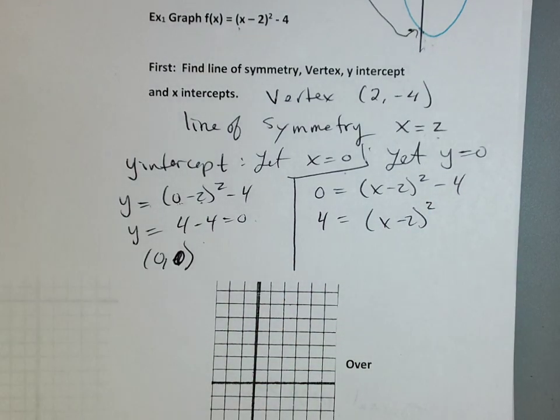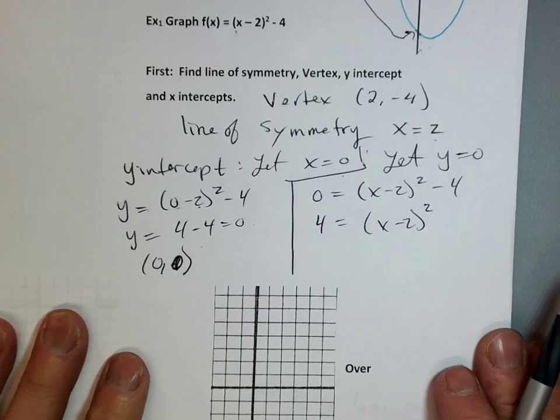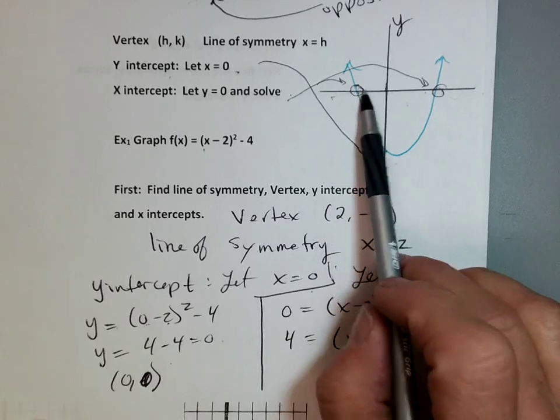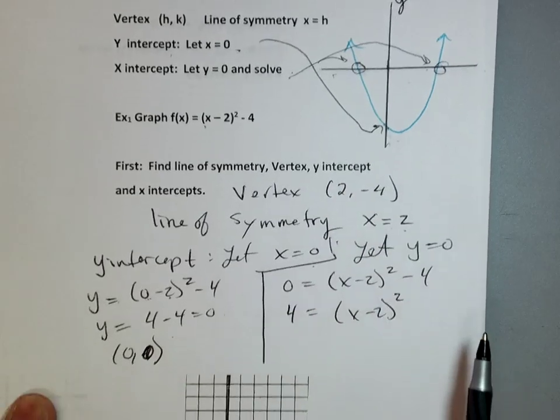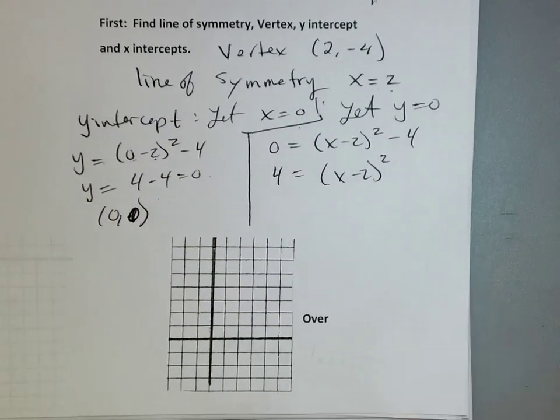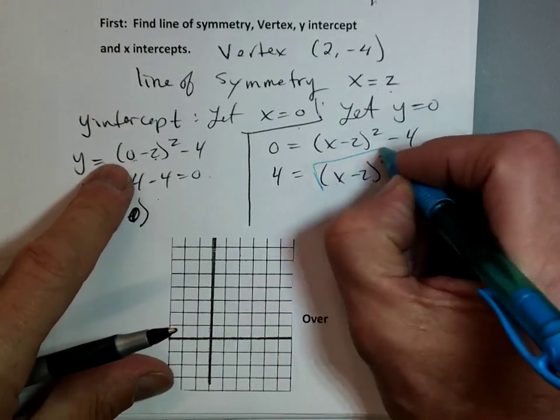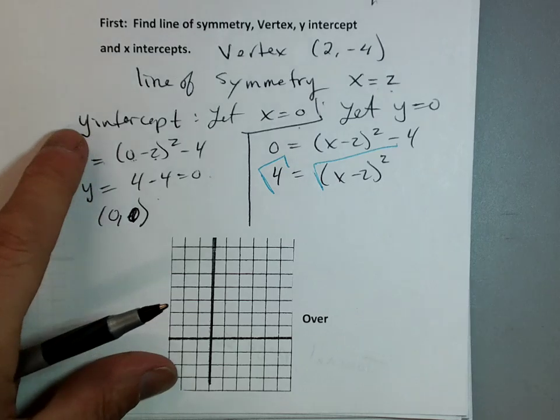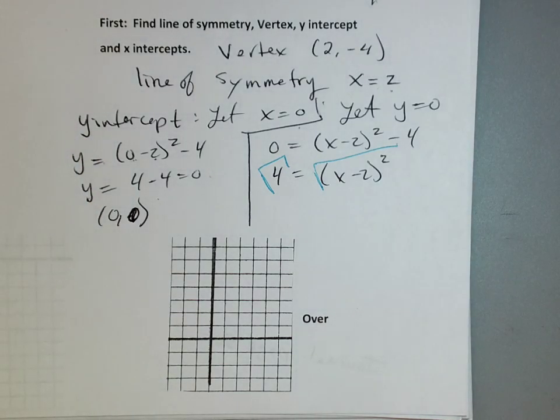A lot of times there's 2 x-intercepts, right? Often there's 2 of them, so I'm going to need probably 2 answers. So when I take the square root of both sides, the square root of 4 is 2, but it's also negative 2.